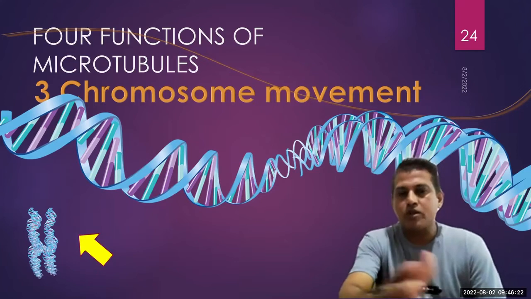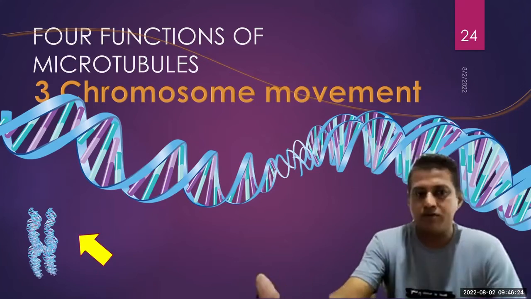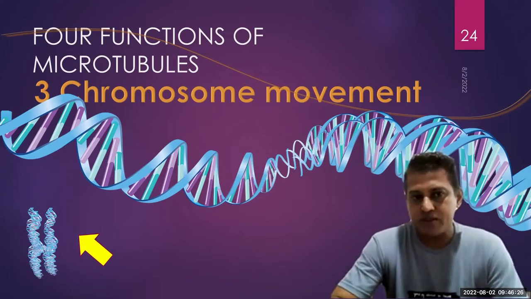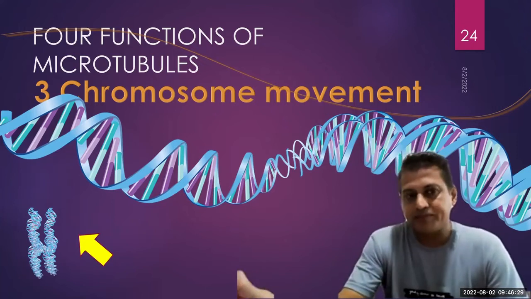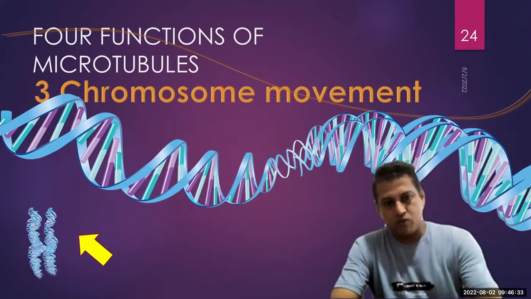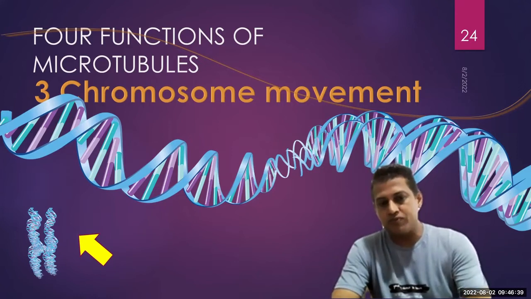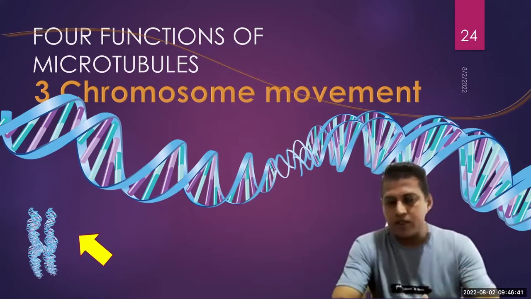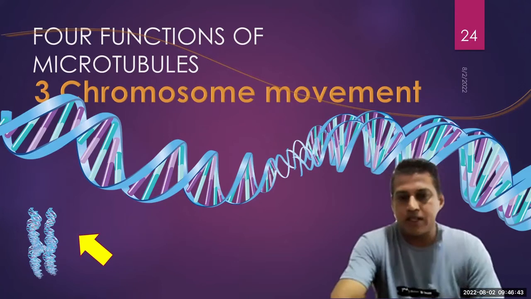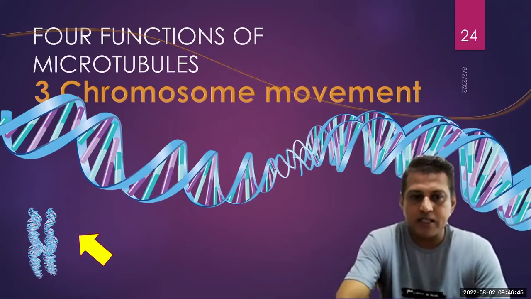Okay, now chromosome movement, the third function of microtubules. Why are the chromosomes moving? What is the reason for chromosomes to move? They are in the nucleus, so it happens during cell division.